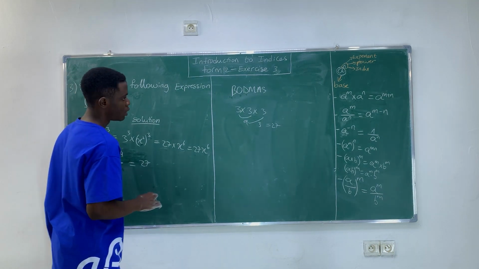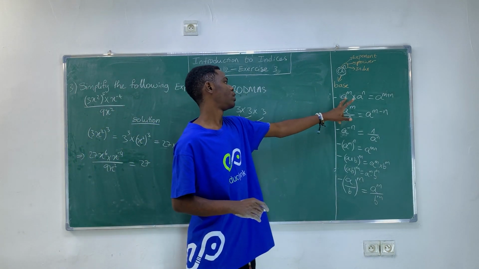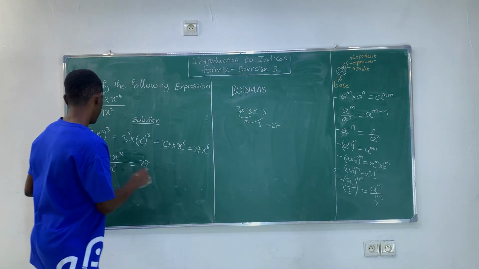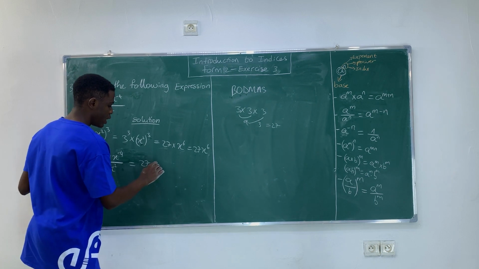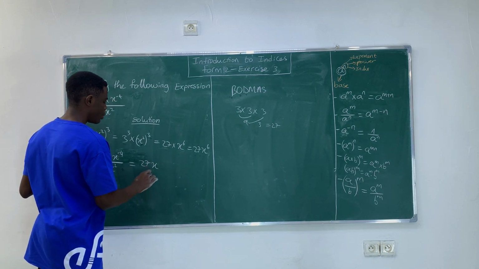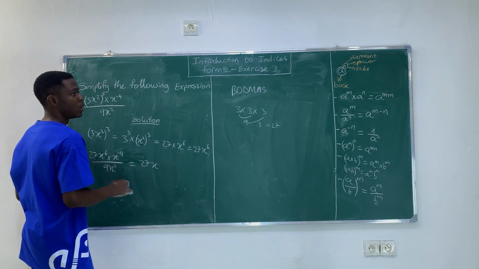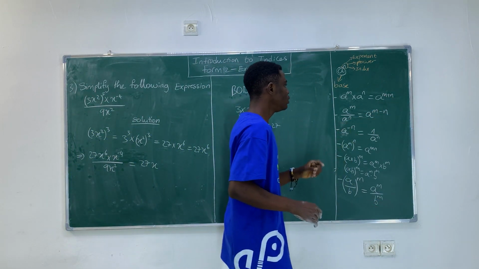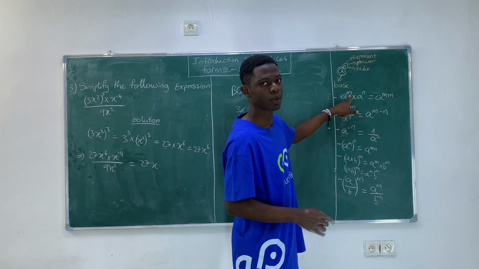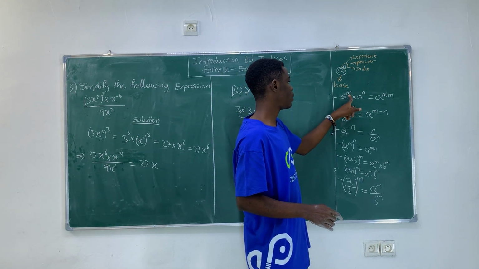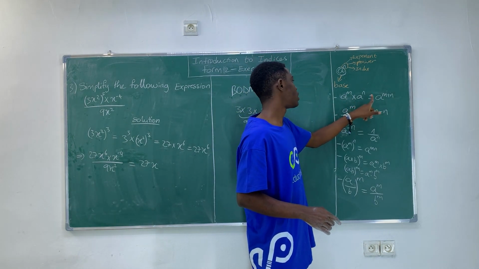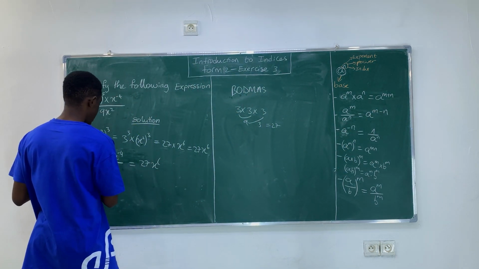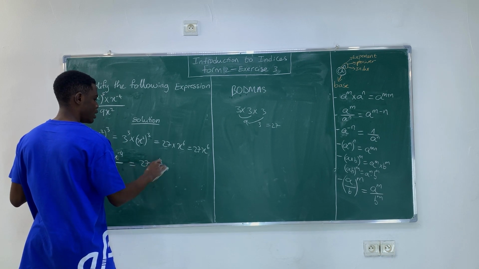We have the same base, x, with powers 6 and minus 4. So that is going to be x to the power, here it is m plus n, because the power here was m and the power here was n. So just add up the two. I'm going to bring the same base. The power here is 6 and the power here is minus 4.